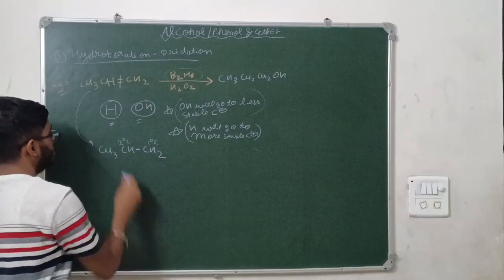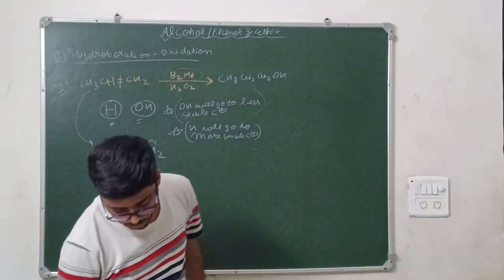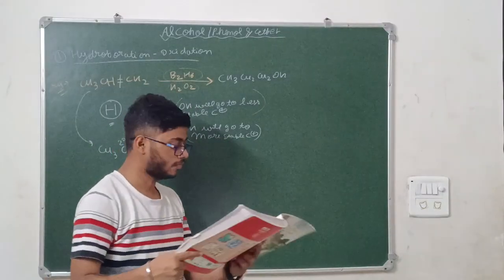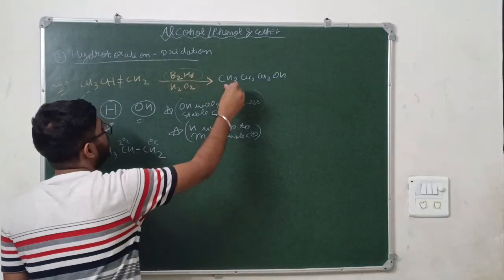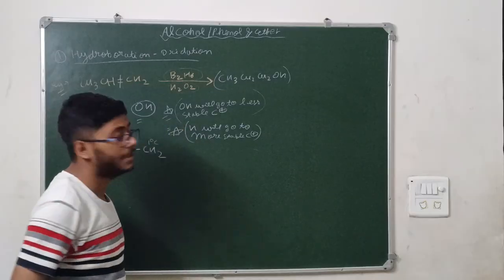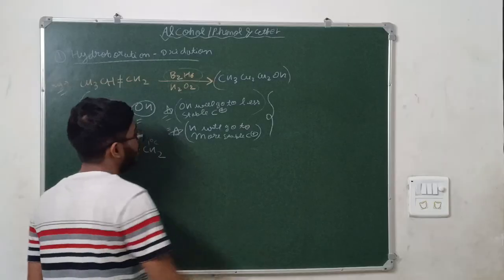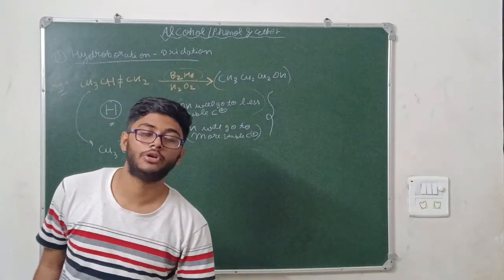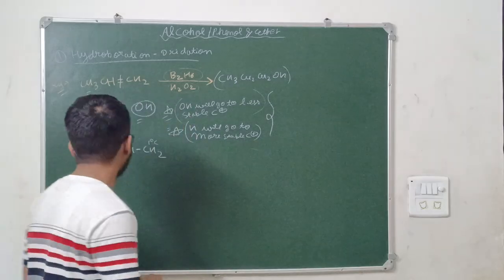This is the final product. Clear? This is the only product that is formed. You have to remember this trick, it is very important for this concept, and whatever example you are given, you have to just see the stability of the carbocation and add H and OH respectively. Okay, this was the first important reaction.